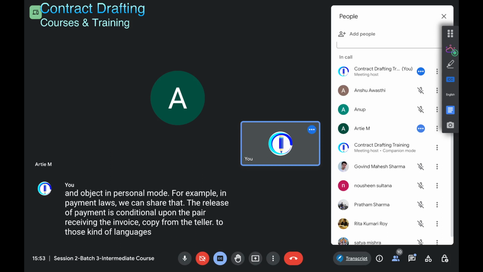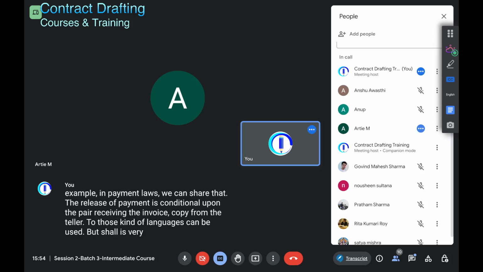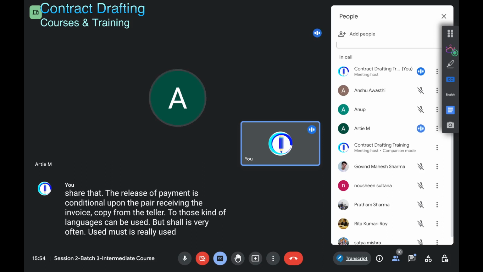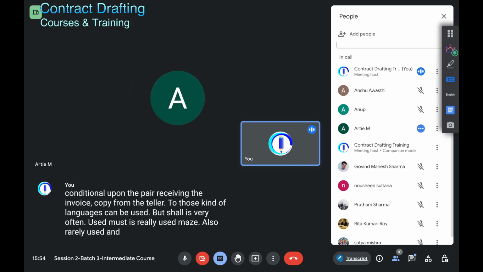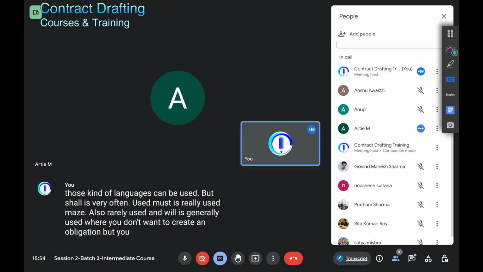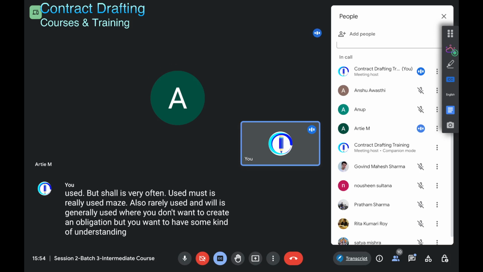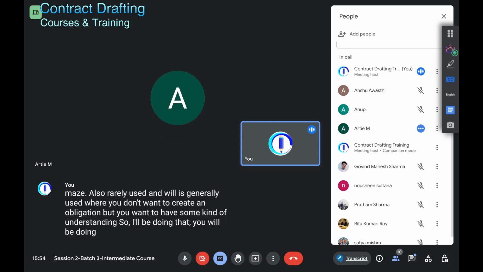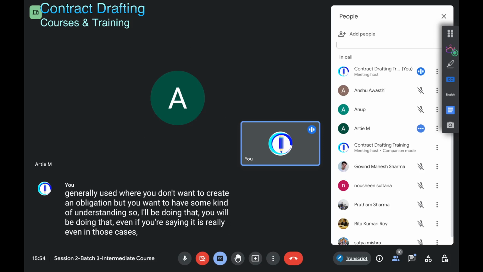But shall is very often used, must is rarely used, may is also rarely used, and will is generally used where you don't want to create an obligation, but you want to have some kind of understanding. So I'll be doing that, you will be doing that. Even if you're saying it is will, even in those cases, it will be considered as a valid obligation.